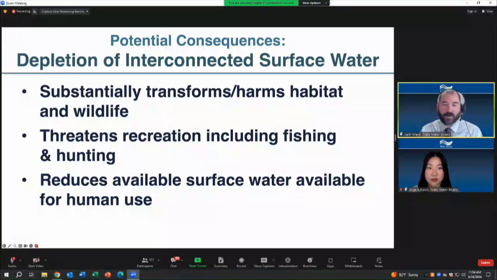Without interconnected surface water, vegetation without deep roots may not be able to access enough water, and reduced surface flows may be inadequate for existing aquatic wildlife. Depletions of interconnected surface water therefore substantially threaten recreation like fishing or hunting. Moreover, the reductions in surface flow don't just harm habitat and wildlife, they also reduce the surface water available for human use.